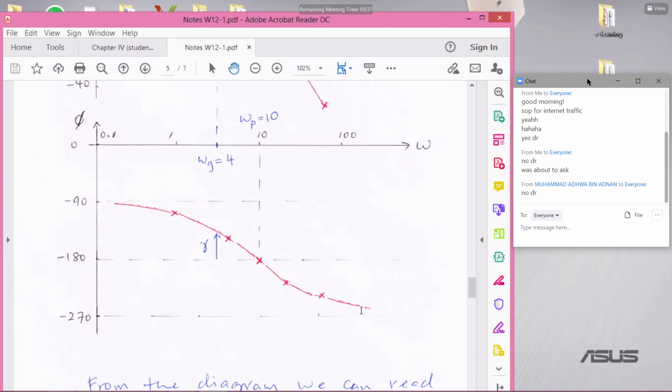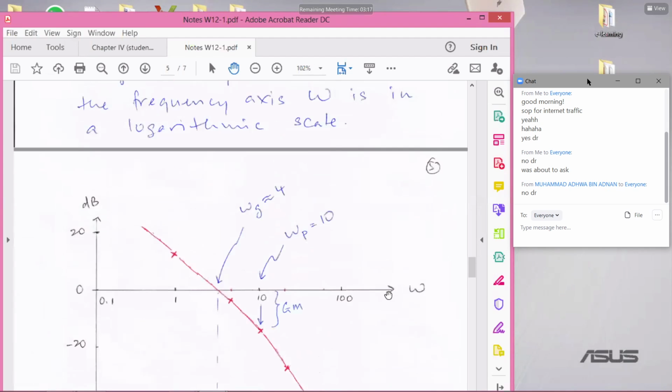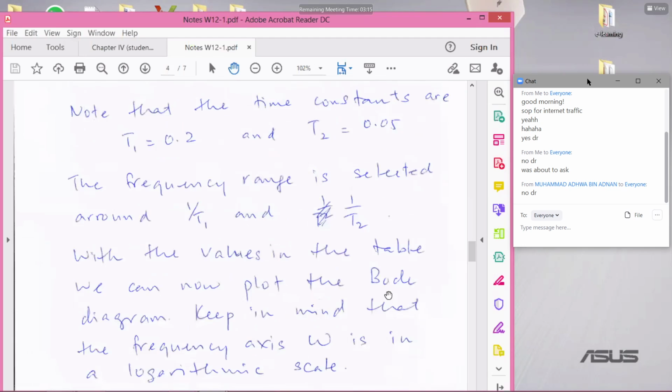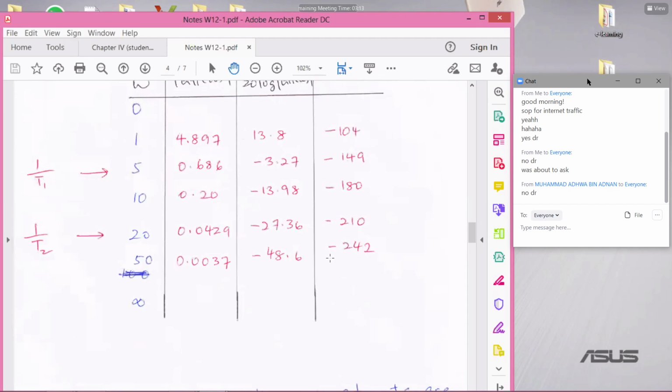You might want to get 1 or 2 semi-log graph papers and print them so that you can draw your Bode diagram quite accurately. Join those 5 points together, then you get the curve for your phase angle.